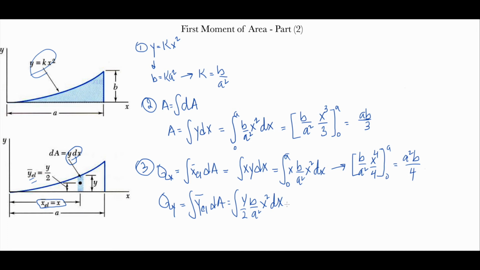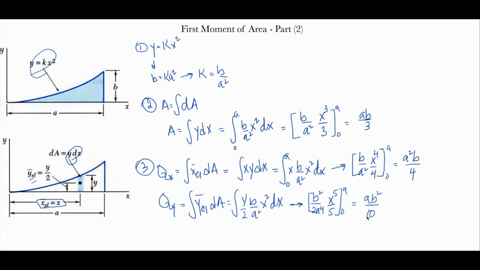And then we do the same thing, get the integral: b squared over 2a to the power 4, x to the power 5 divided by 5, from 0 to a, and this will give me ab squared over 10.